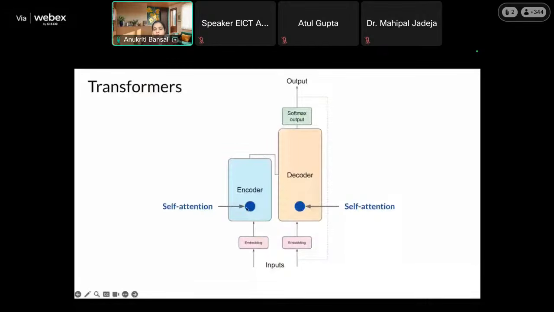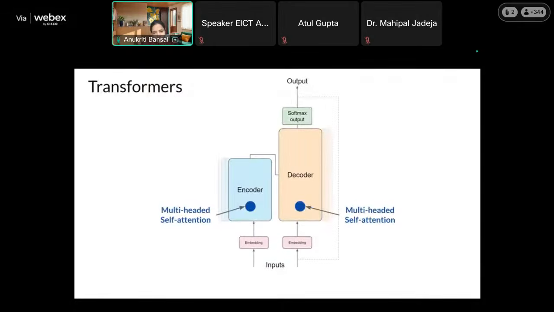Then we have self-attention. What is self-attention? We have just checked that it will calculate the similarity or the relationship of each token with respect to all other tokens in my text. And we don't have just a single head attention. We don't have just one attention block. We have multi-headed self-attention.